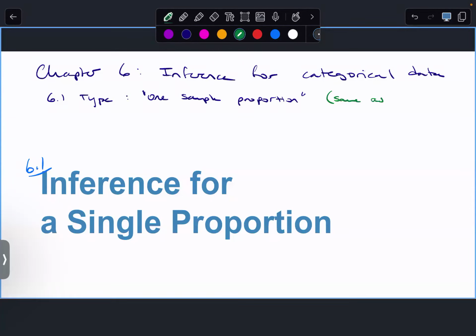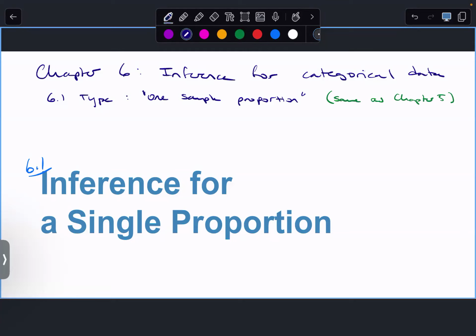That's the same as all of chapter 5. We introduced these concepts, confidence intervals and the hypothesis test, with a one sample proportion type of question.